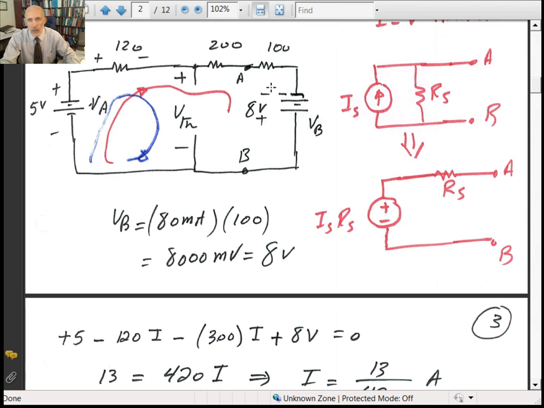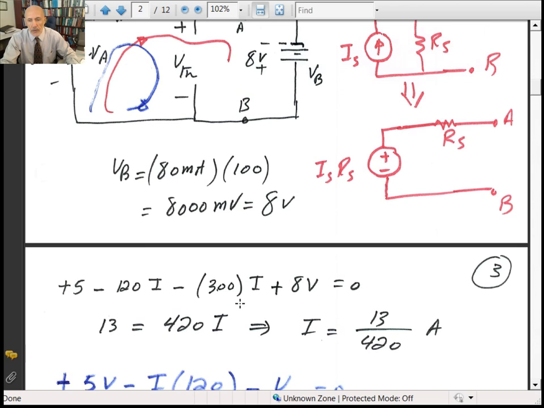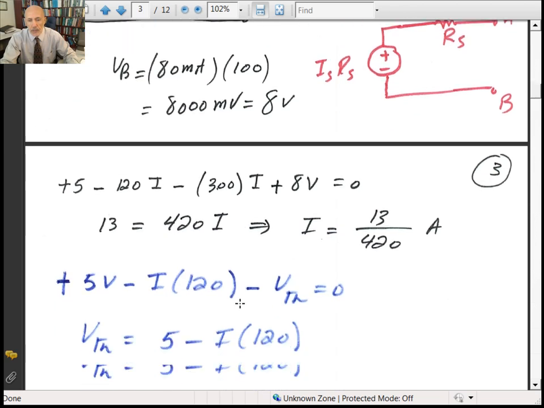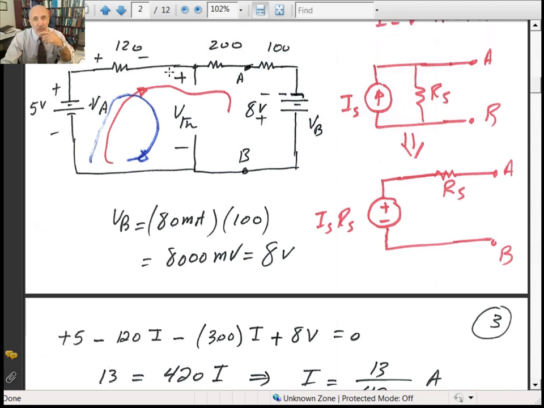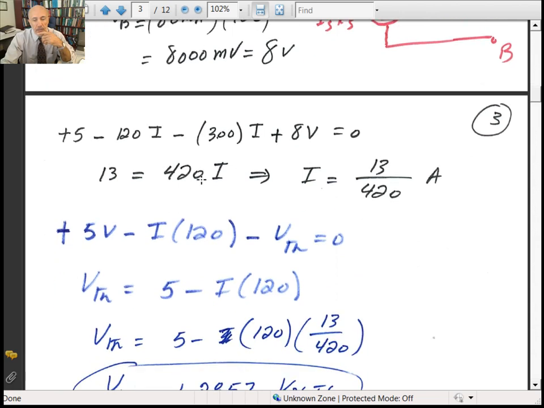Or you could have done it in this loop right here, it doesn't really matter. So V Thevenin would be equal to 5 volts, and you can see it's minus plus here, plus minus, so the 5 volts will be across the 120 ohms, and then plus V Thevenin.